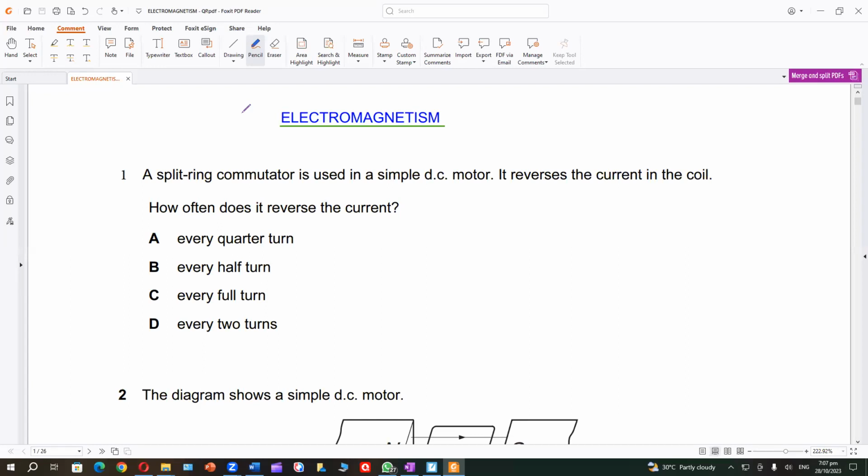So this is the first question. The split ring commutator is the part where, for every point here, there is a north pole and a south pole.